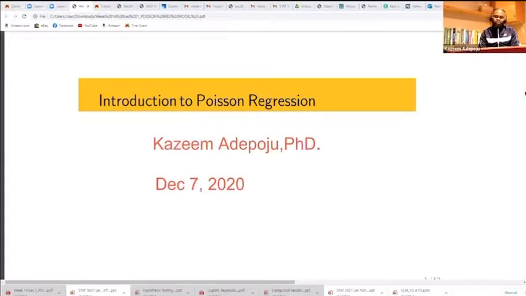What I want us to have is a reflection on the types of regression that we've done before. I remember in the beginning of the semester, I introduced you to linear regression. We apply linear regression in a situation where we're trying to characterize the relationship between two or more variables in such a way that we want to predict the response from the predictors.